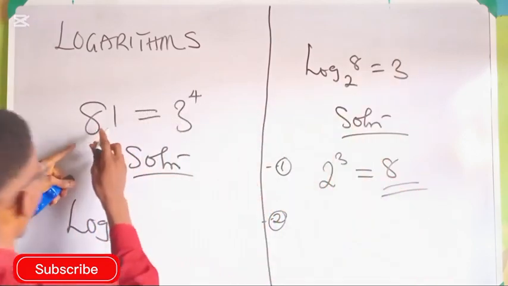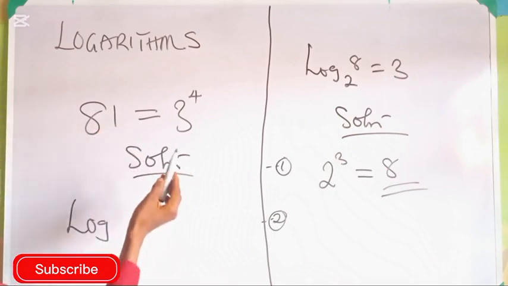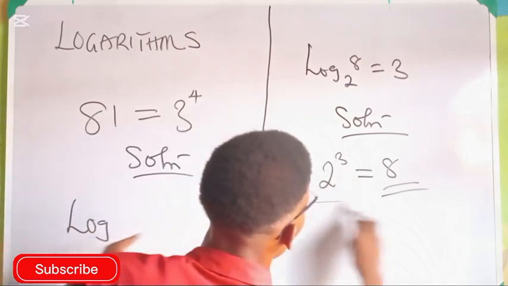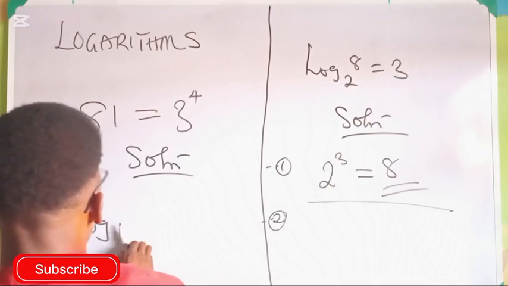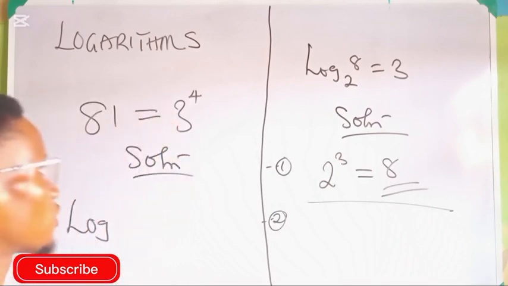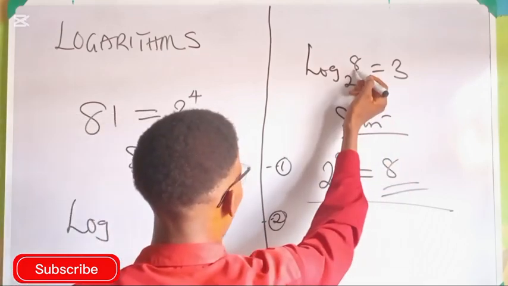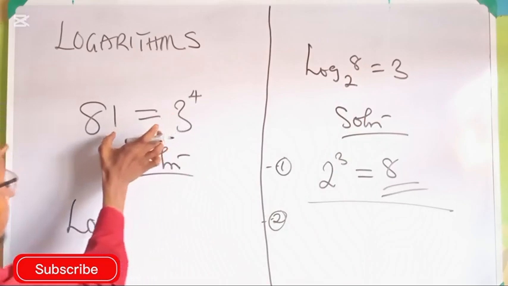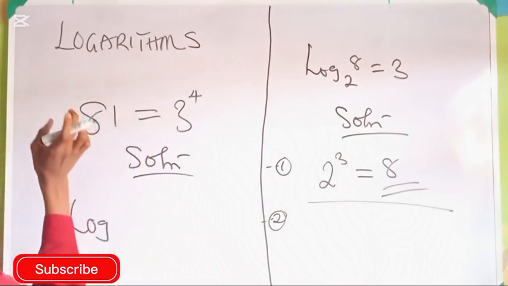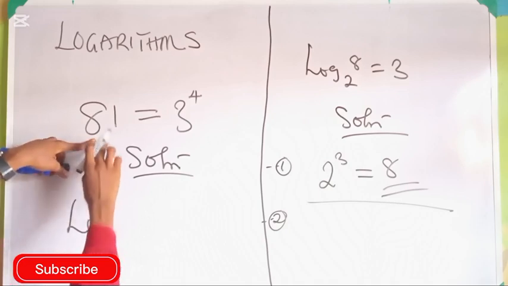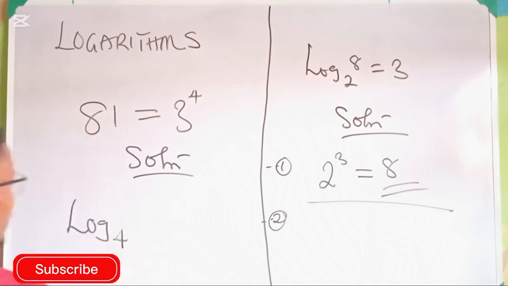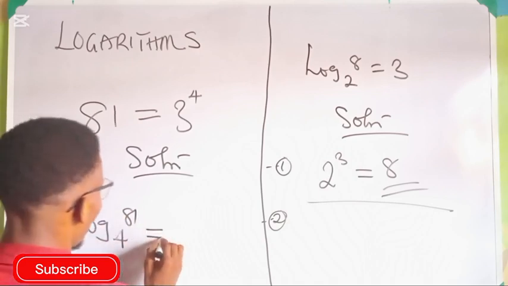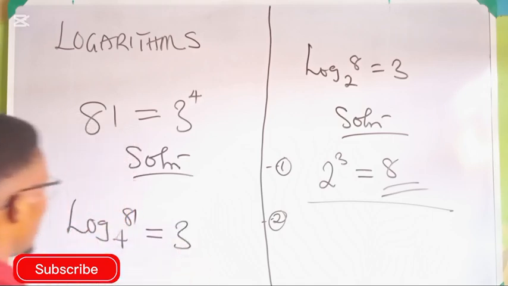If you look at what, okay, just use this now to answer this particular one, and it will give you the clue. So 8 was here before. Are you seeing it? 8 was here before. So looking at this particular one here too, here is 8. So we can now write log of 4 raised to the power of 81 is equal to 3.